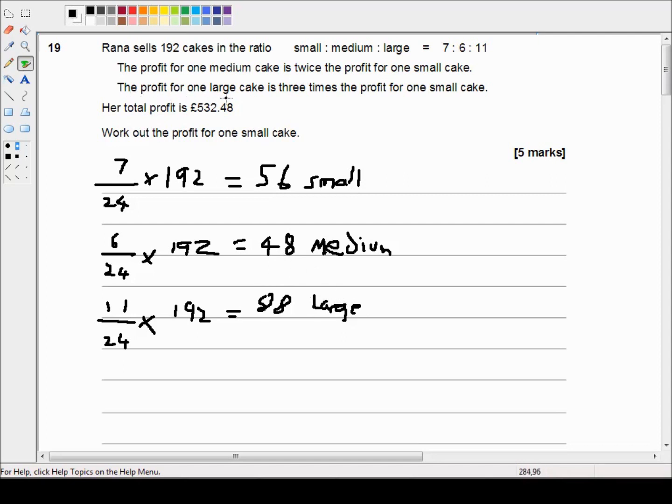Now the profit for one large cake is 3 times the profit for one small cake, and the profit for one medium cake is twice the profit for one small cake, and her total profit is £532.48.